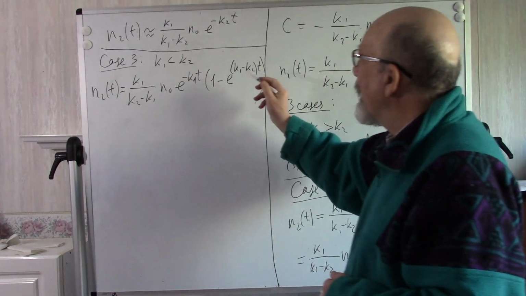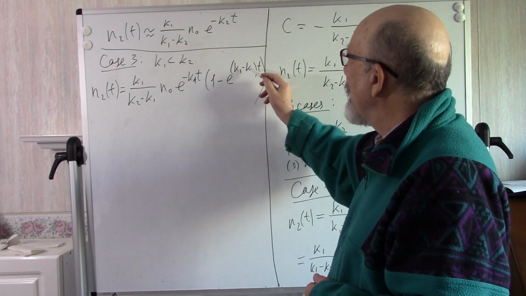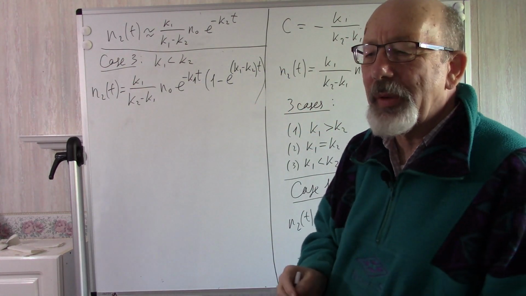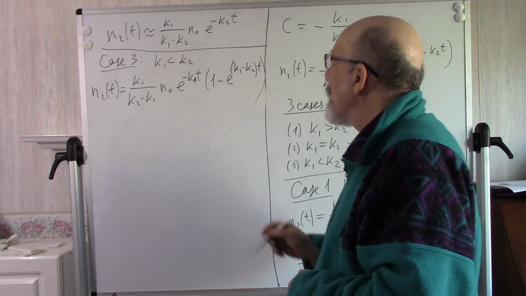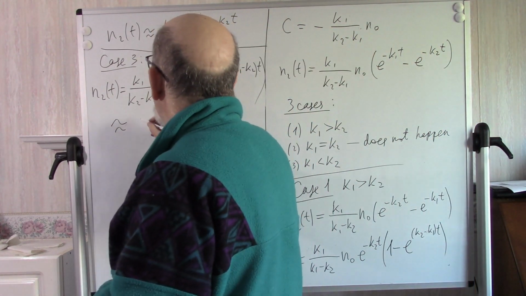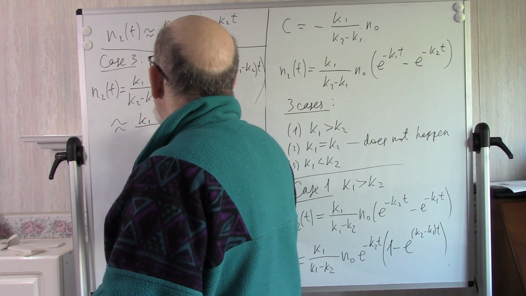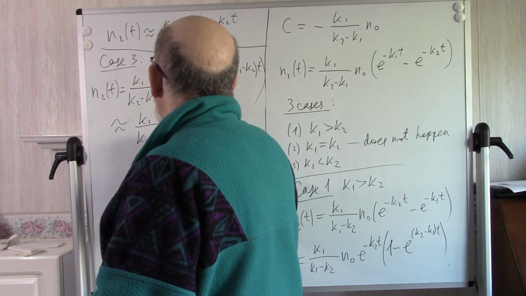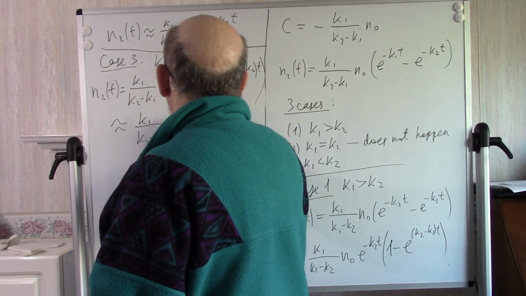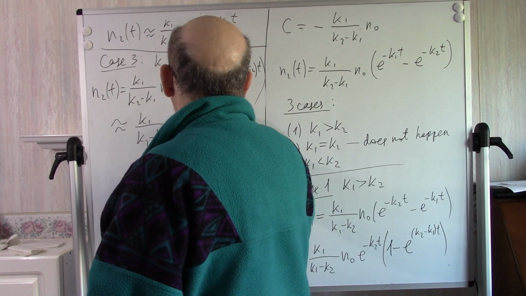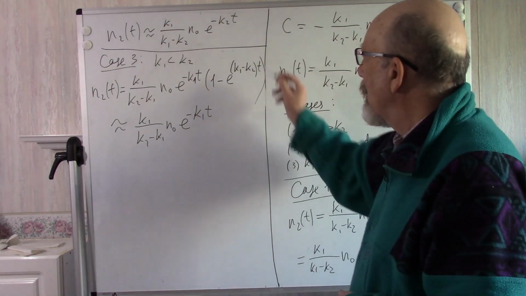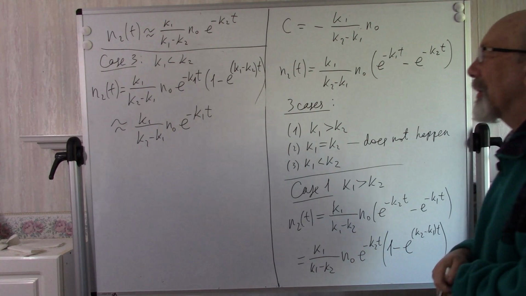And here again, this is a decreasing exponent, and this exponent decreases fast, and so we can write that it is approximately K1 over K2 minus K1 and N1(0), e to the minus K1t. So this is neglected.